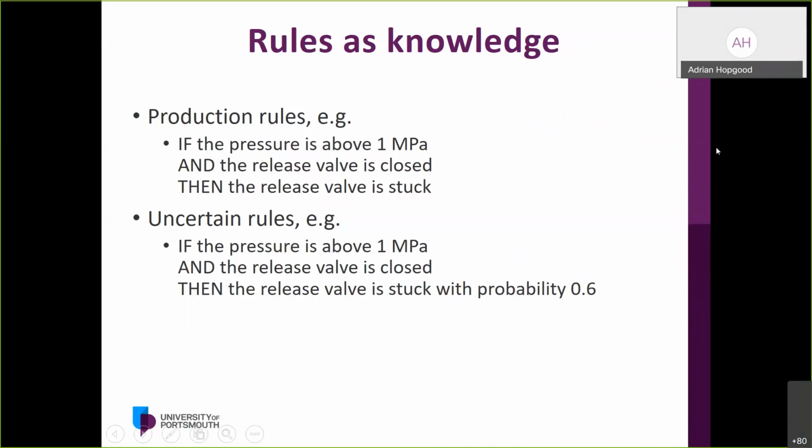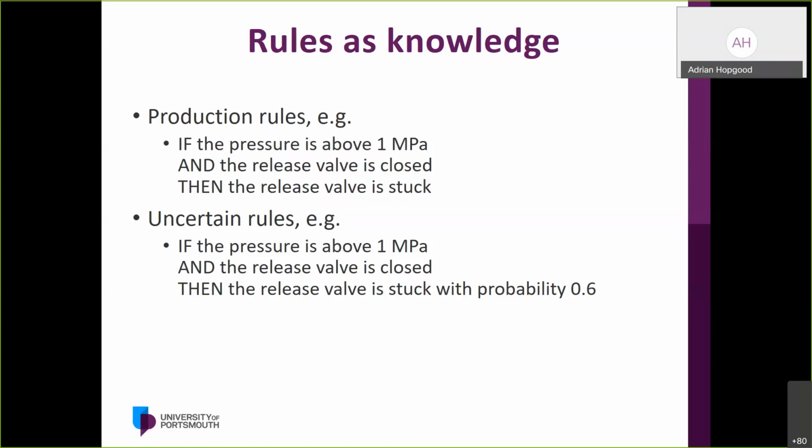In this case, if the pressure is above 1 megapascal and the release valve is closed, then you might deduce that the release valve must be stuck. That's a simple rule, a so-called production rule. But you can overlay increasing levels of sophistication onto this sort of thing.